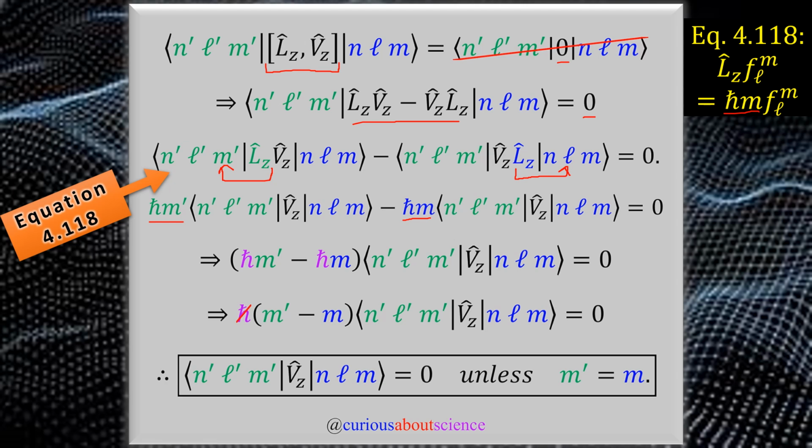Awesome. And here's where we have to be careful in the statement of these things. We see that we have two options here, or three options really. Either M prime minus M could equal 0, the inner product brackets could equal 0, or they both can equal 0.